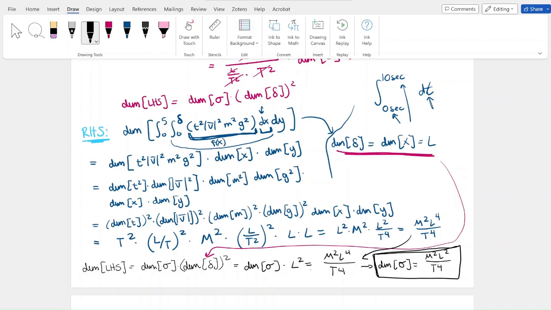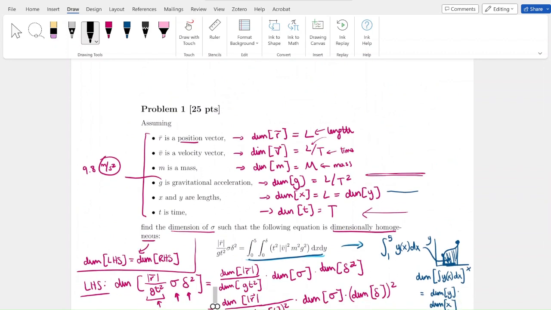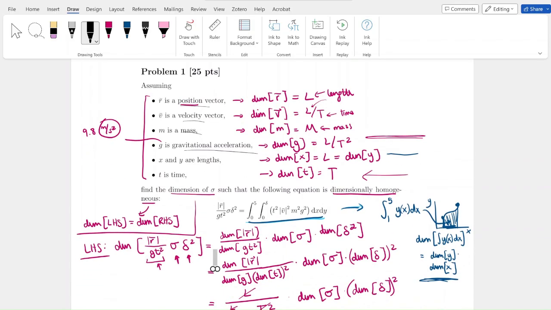So I forgot to write this, but just as a final overview, what we did is we first find the dimensions of everything we've been given. So we know that these are position, velocity, mass, acceleration, etc., which you can then write as length over time squared, or in forms of the MLT.